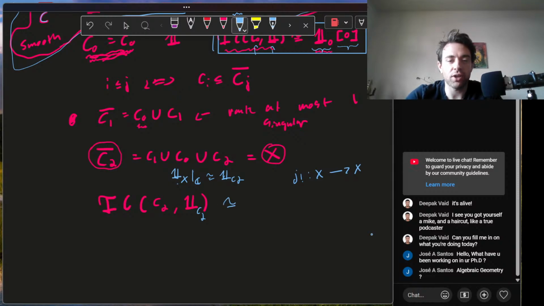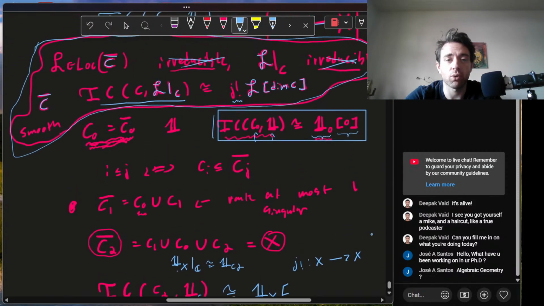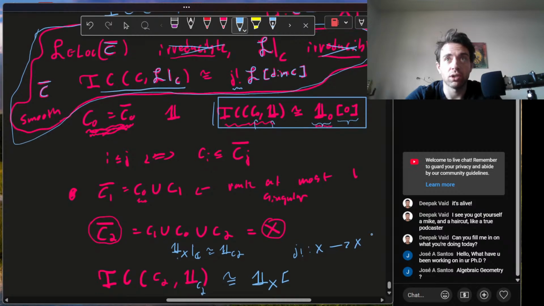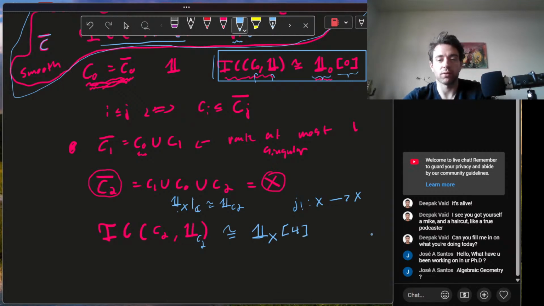So all of that is to say that we can use the above theorem to conclude that this is simply going to be the constant sheaf on all of X, but we need to shift it by the dimension of our orbit, our strata C2, and I guess C2 has dimension 4 because it's an open subset of the 4x4 matrices.